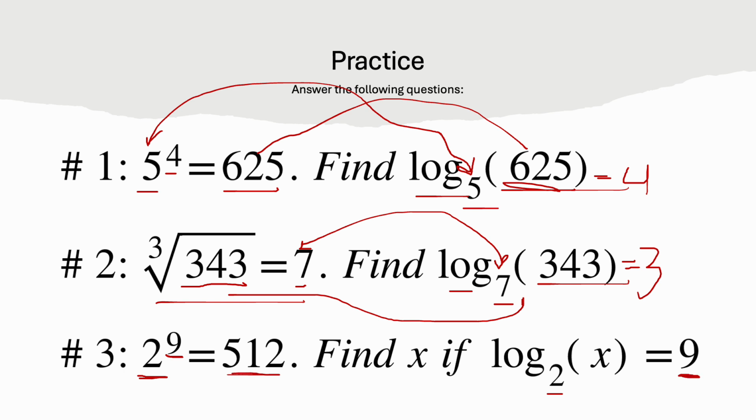So the final value is just going to be 512. We're going to fit this in right over here. If you think about it, this is saying log base 2 of 512 is equal to 9. Well, 2 to the 9th is 512, so that seems right.